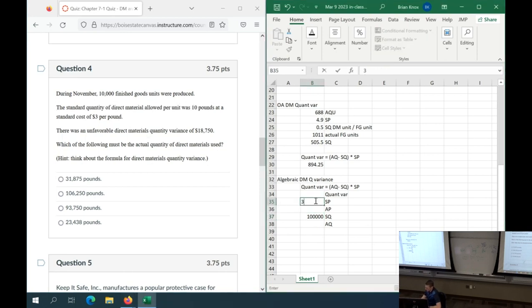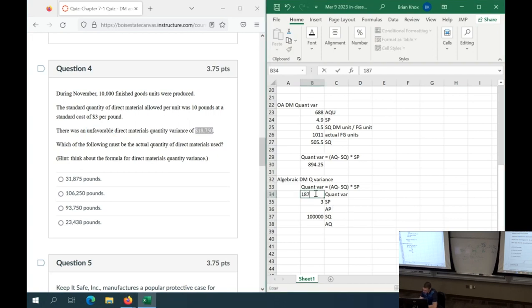Standard price here is $3. I don't need an actual price because I'm looking for the quantity equation here. So I need to know actual quantity, standard price, and standard quantity. In fact, I'm going to be given the variance, and I have to solve for the actual quantity. So the quantity variance, it says, is unfavorable and 18,750.